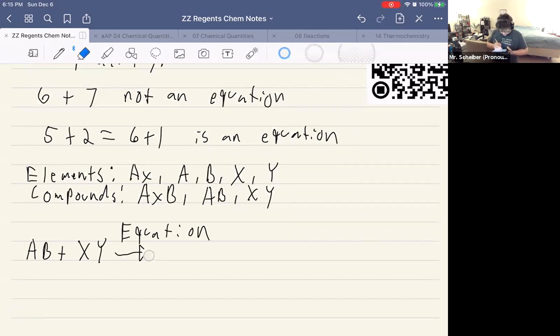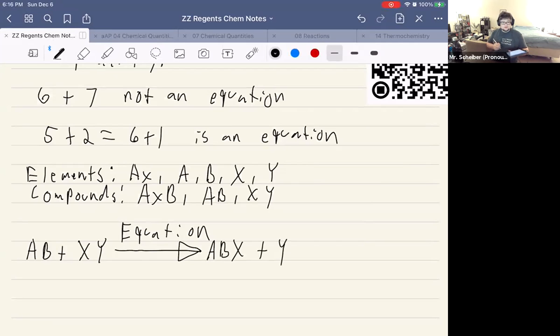I'm going to make that arrow sign a little bit bigger. Okay, and that might give us ABX plus Y.